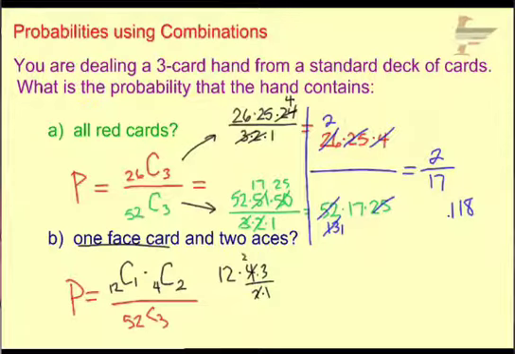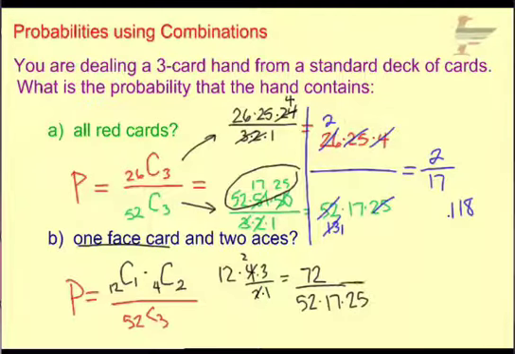So that reduces to 2 times 3, which is 6, 6 times 12, which is 72, over, now hopefully this won't be too weird, this 52 choose 3, since I already did the work, I'm going to go ahead and just grab those numbers. It's going to be over 52 times 17 times 25.